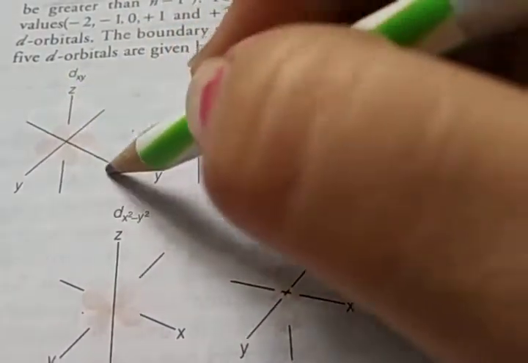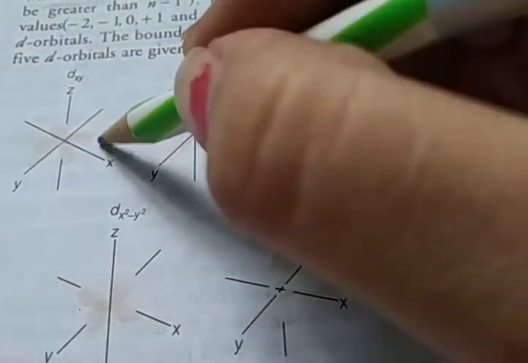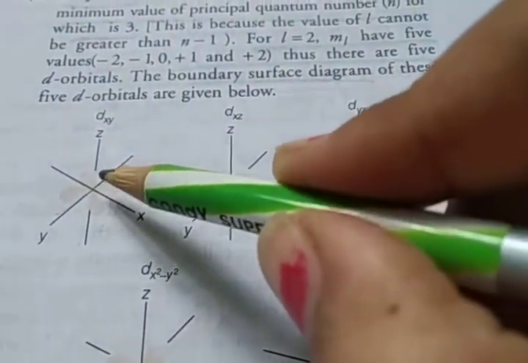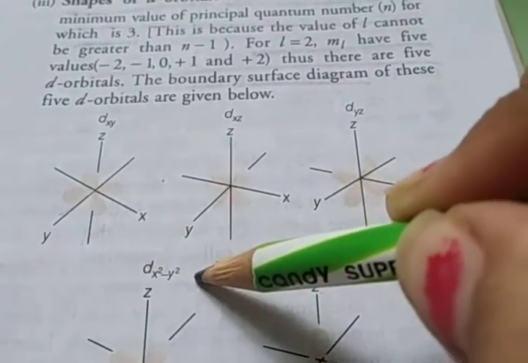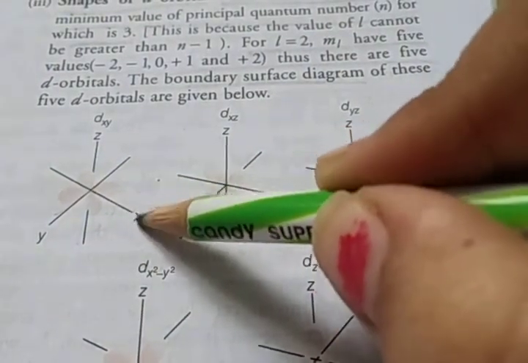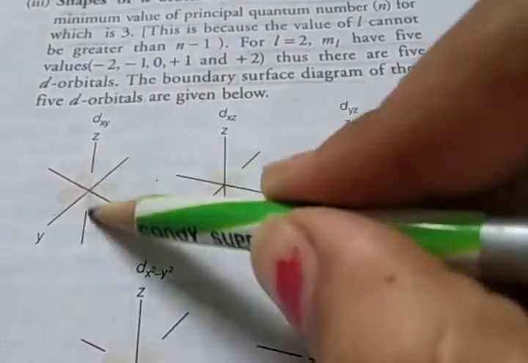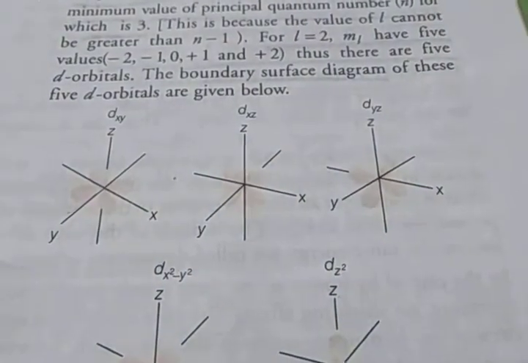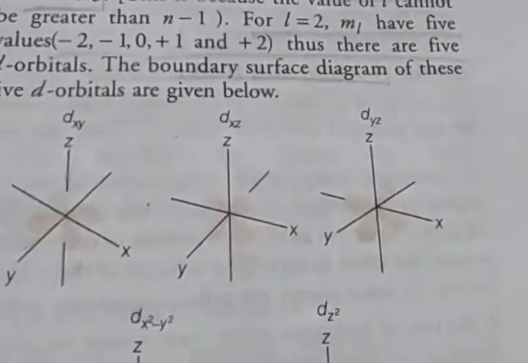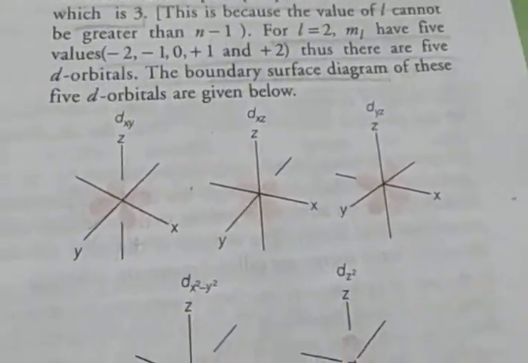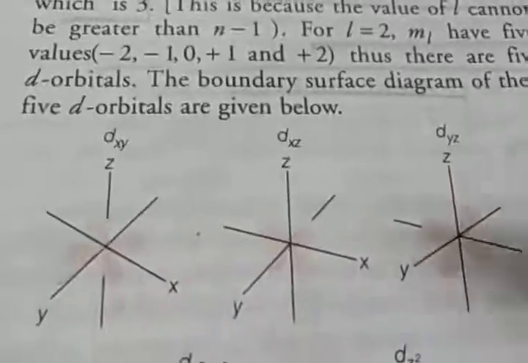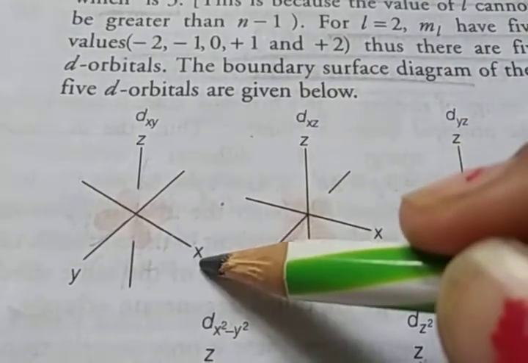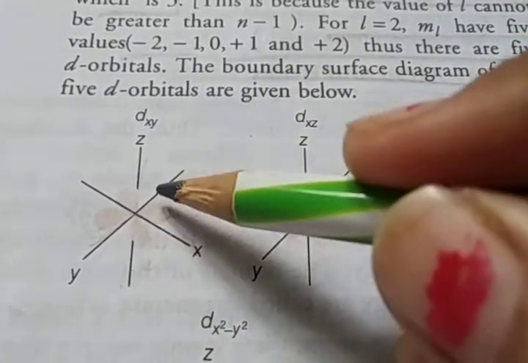Here you see the five d orbitals. First we draw the x, y and z directions. In between the axes we draw two lobes. Here you see dx square minus y square, with x this way and y between the lobes. First you see dxy, in between the x direction and the y direction.